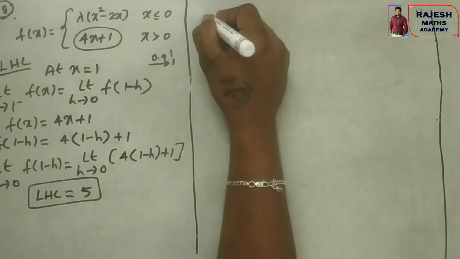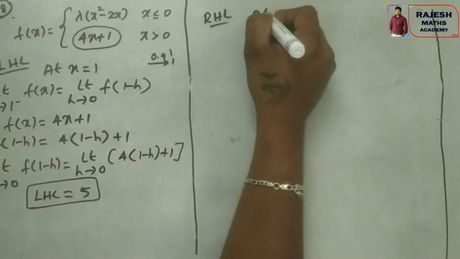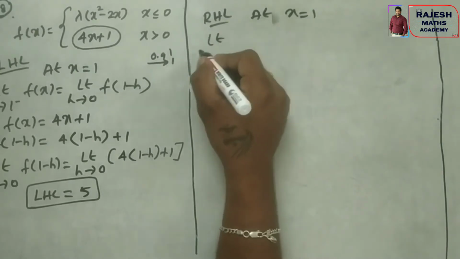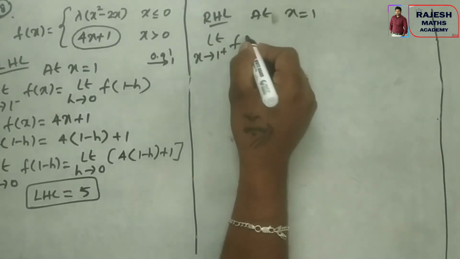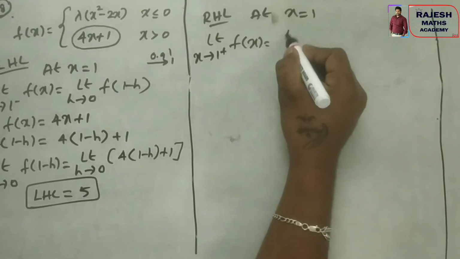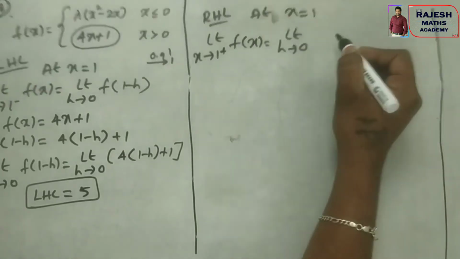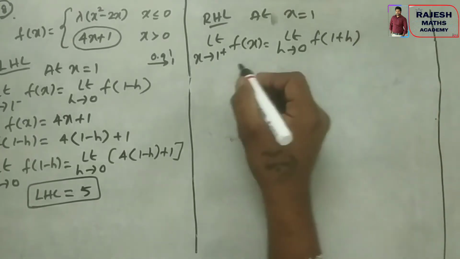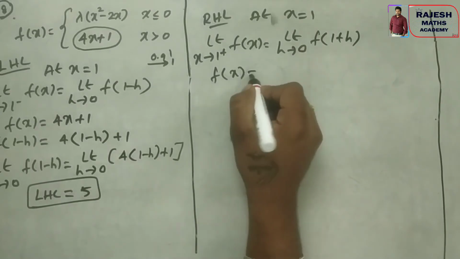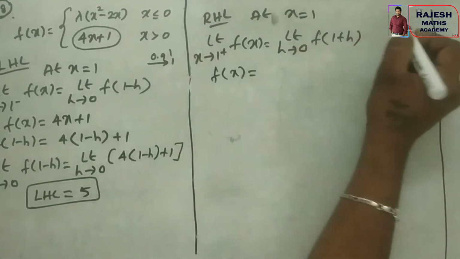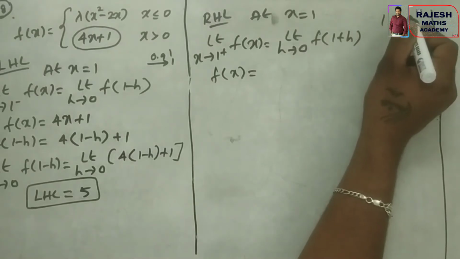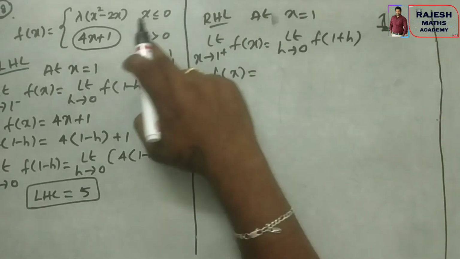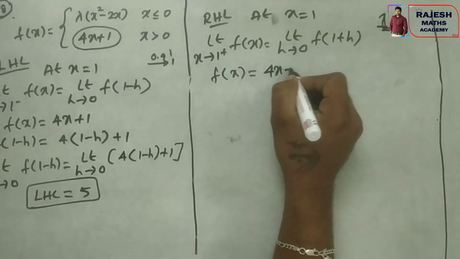Similarly, the right hand limit at x equal to 1. Limit x tends to 1 plus f of x is equal to limit h tends to 0 f of 1 plus h, I need to find. So for f of 1 plus h, before that, what is the value of f of x? For the greater than 1 case, greater than 1 means 1.1, 1.01, very close to 1 but greater than 1, that is also equal to 4x plus 1.